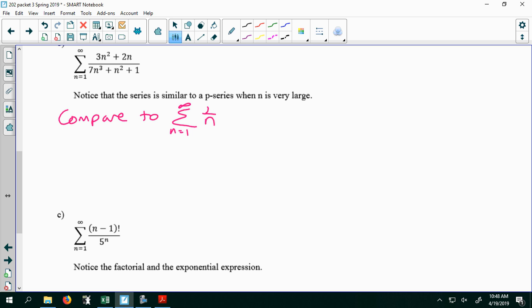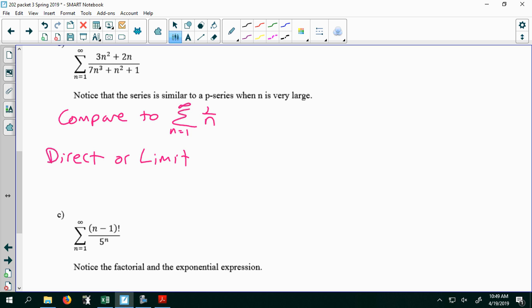We could use the direct comparison test or the limit comparison test. The coefficients don't matter when you're choosing a sum to compare to. If I put a 3 over 7 here, you could always pull the 3 over 7 out.